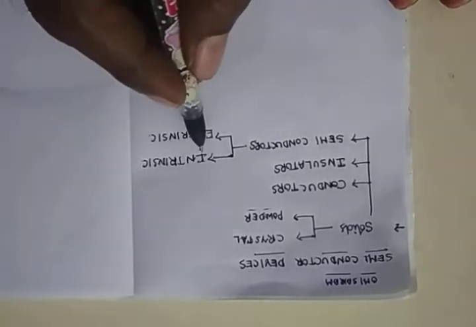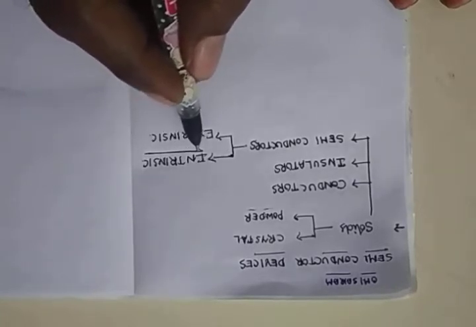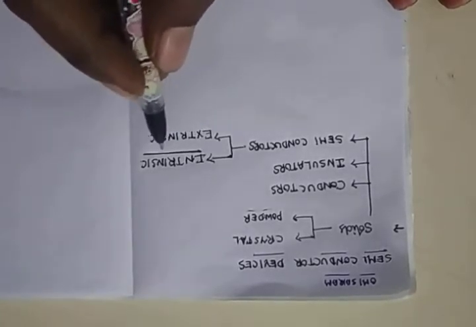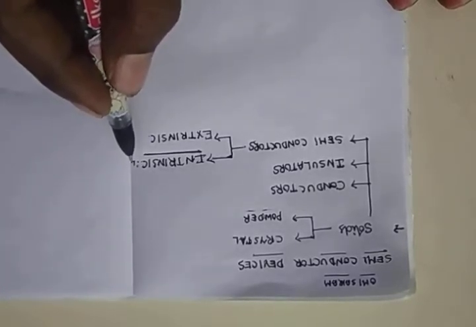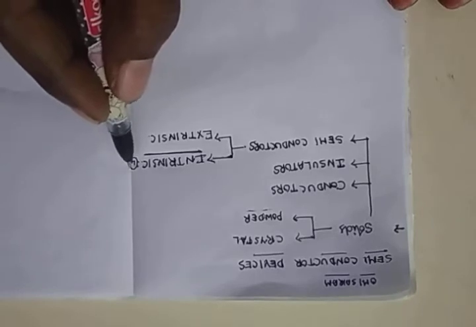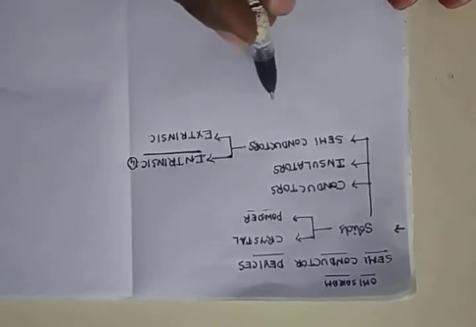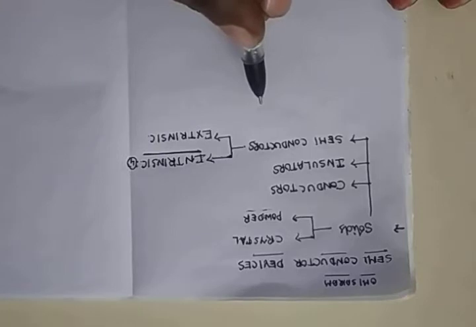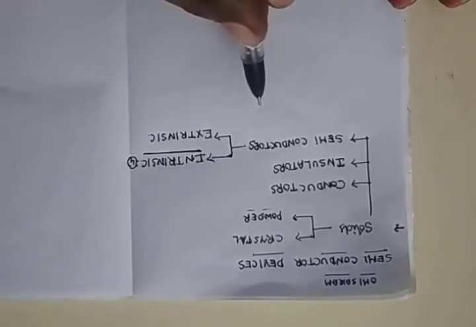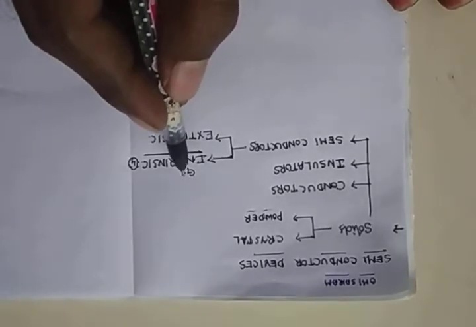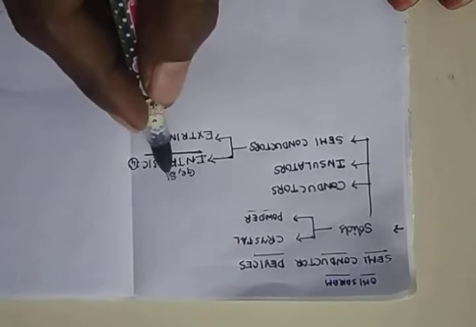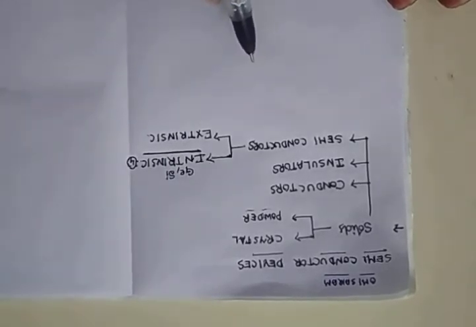So again, what is meant by intrinsic semiconductor? This intrinsic semiconductor is said to be having 4 valency electrons in the outermost orbit. That 4 valency electrons is nothing but tetravalent. For example, germanium and silicon will have 4 outermost electrons present in the orbit.